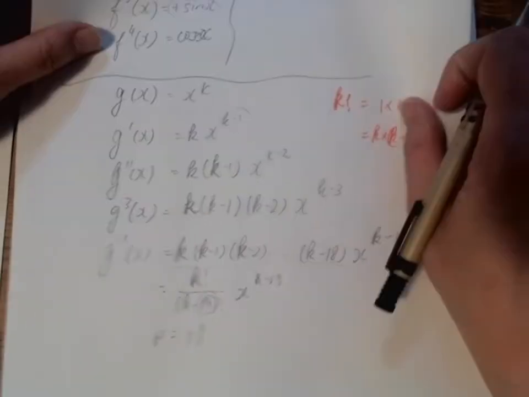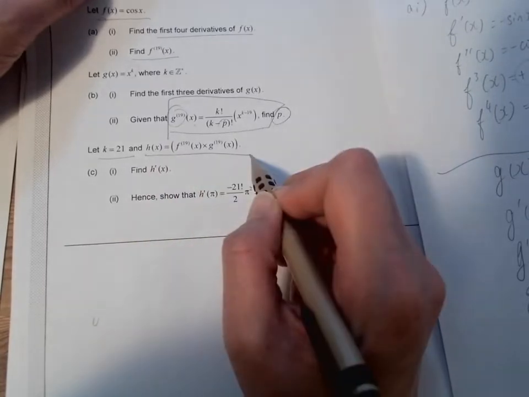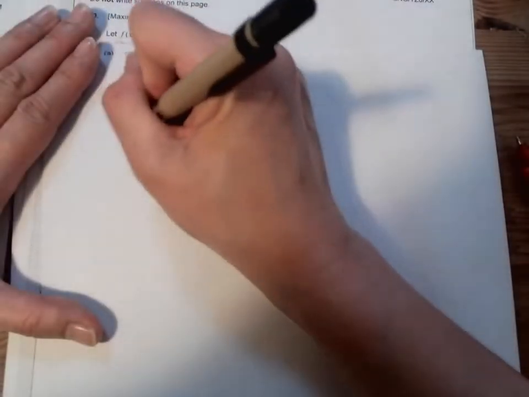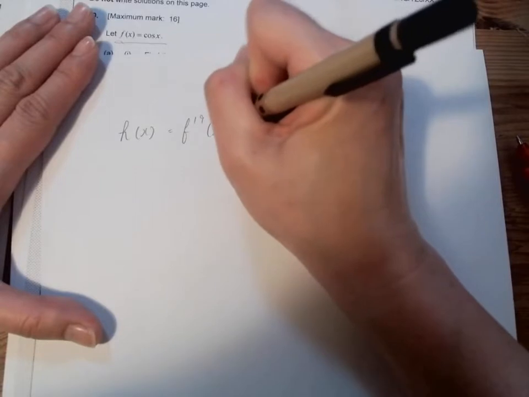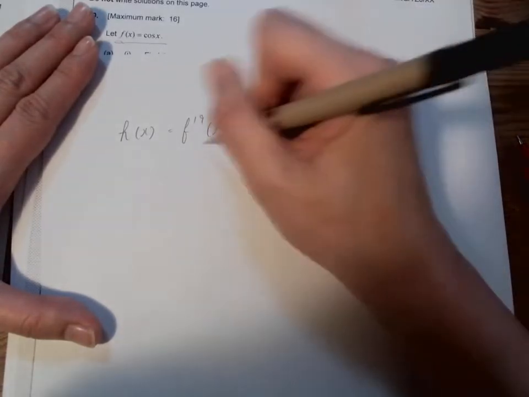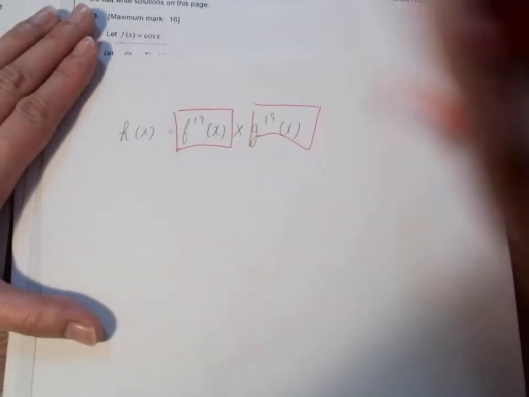So moving on, we have k equal to 21, and we need to differentiate this bit. Which means that if h(x) equals f^(19)(x) times g^(19)(x), this is a product rule because this is two things multiplied by each other.